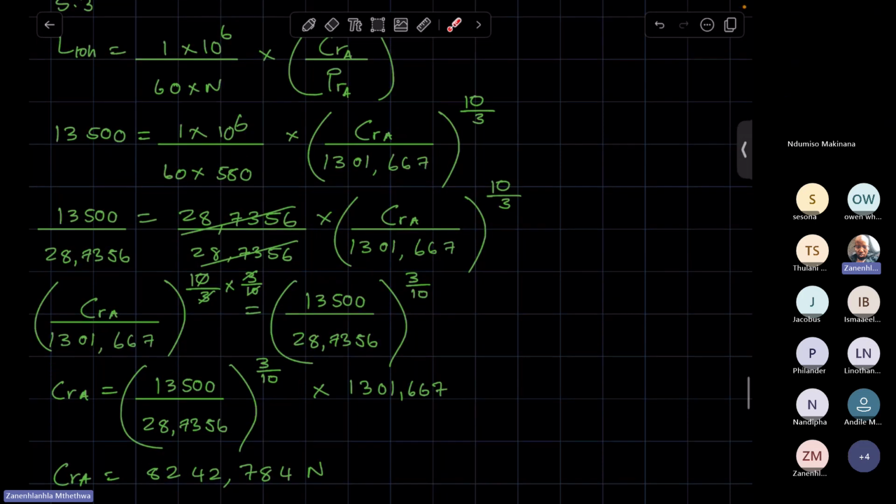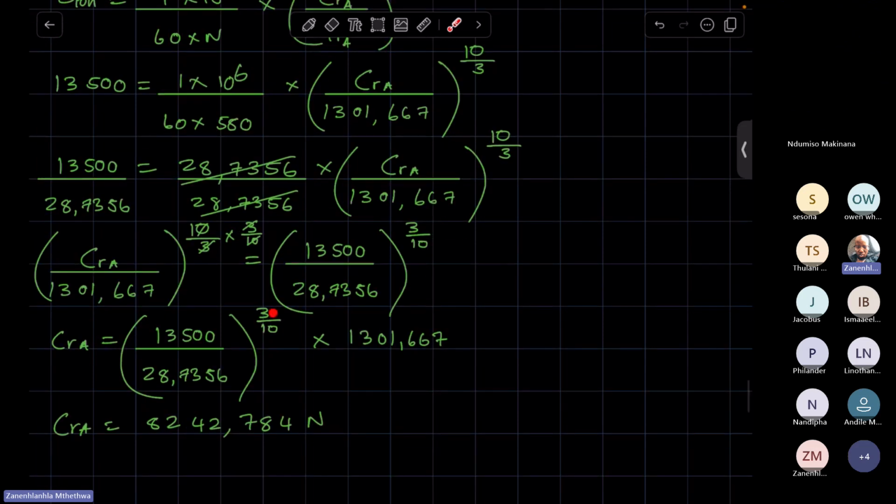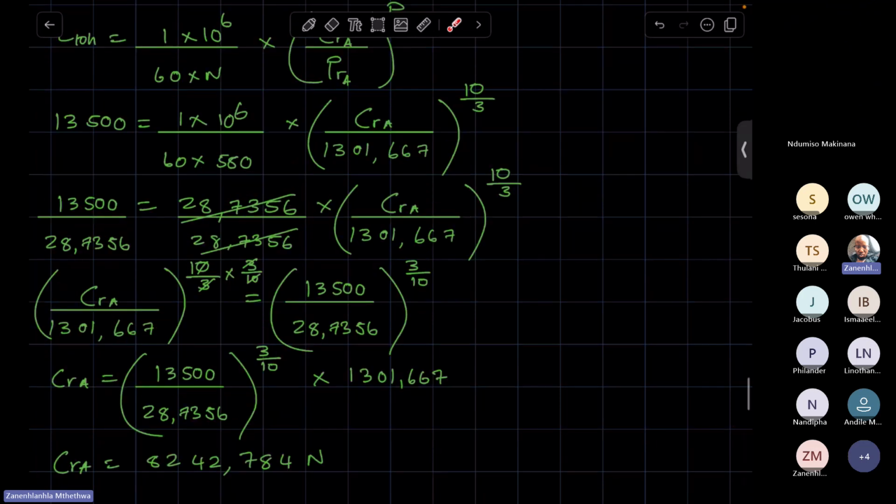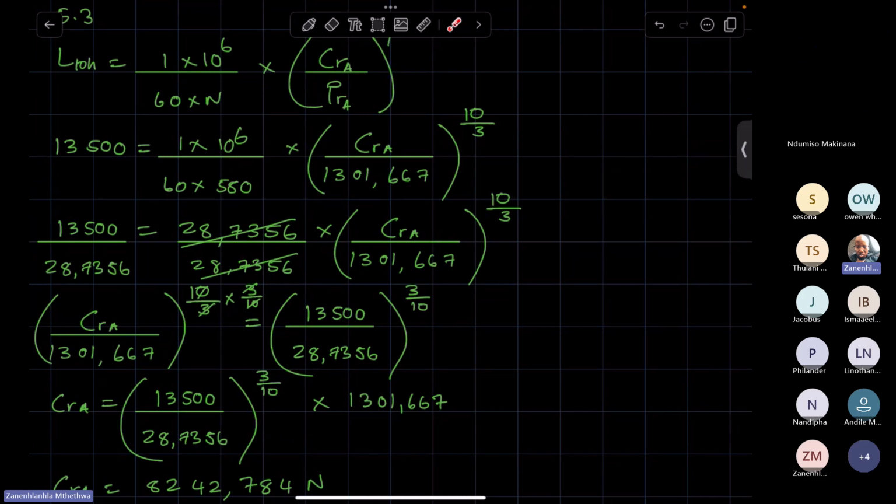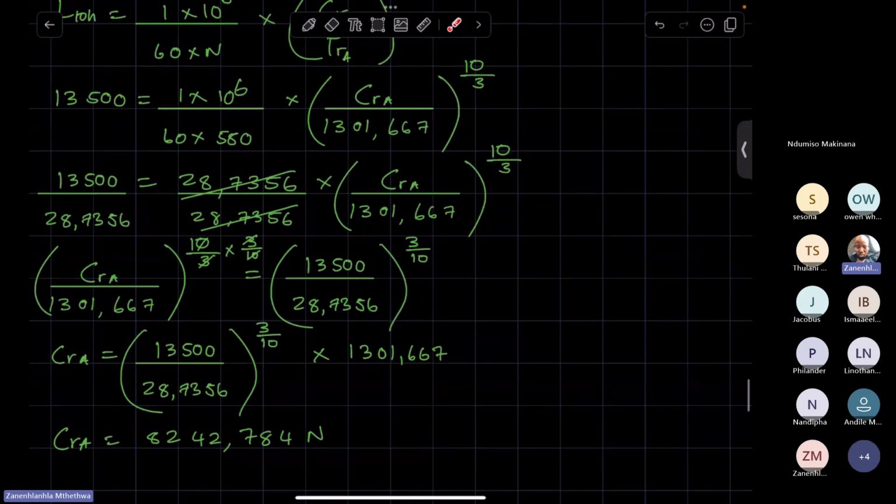We already know that if we take this approach, it's going to bring us to this step here. So this side will remain the same because L10H is still 13,500. This is still equal to the 28,7356. The only thing that really changes here is the dynamic equivalent.